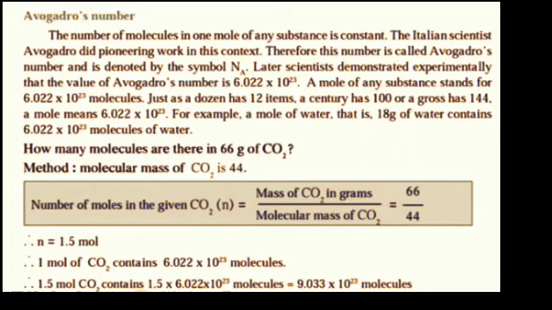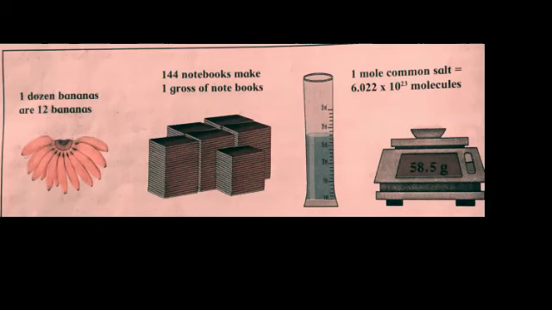And it is denoted by the symbol N. The value of Avogadro's number is 6.022 into 10 raised to 23. A mole of any substance stands for 6.022 into 10 raised to 23 molecules.